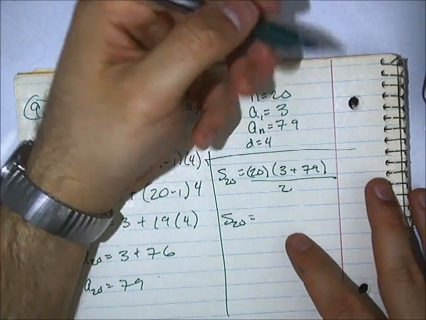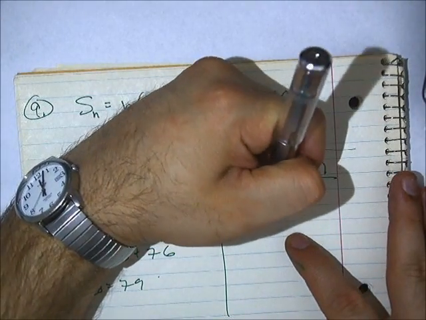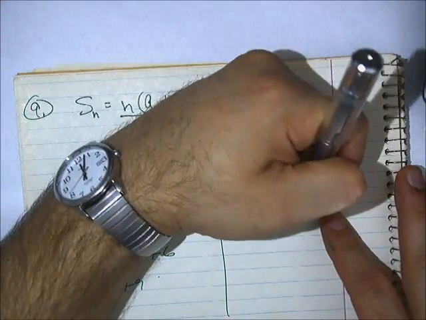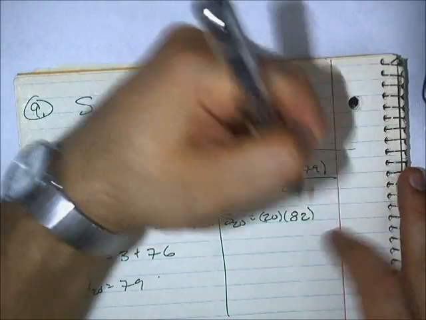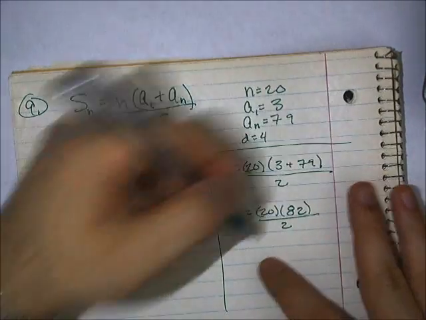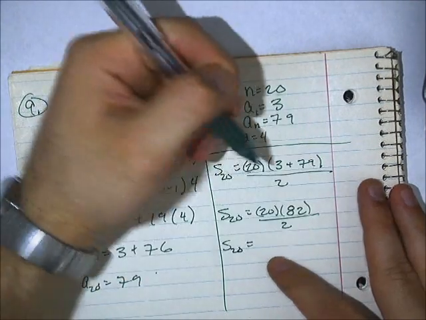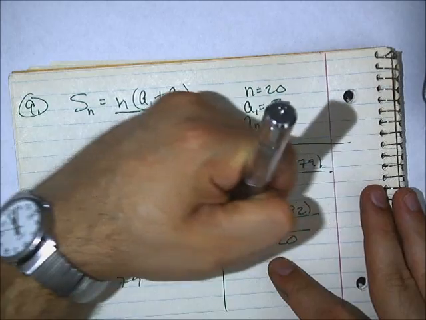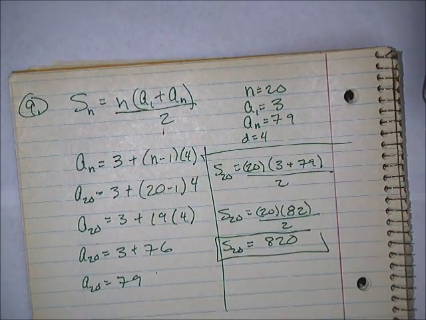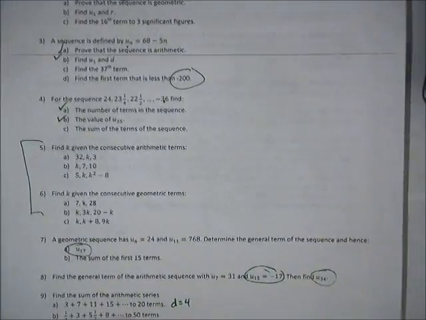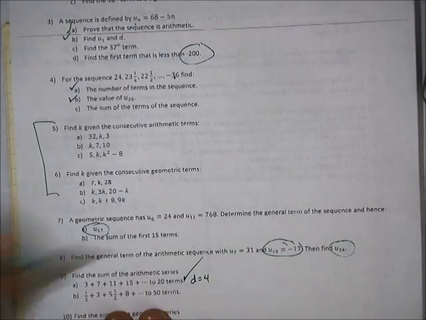S sub 20 is equal to 20 times 82 divided by 2, which is S sub 20 is equal to 820, right there. And that takes care of that first one there.